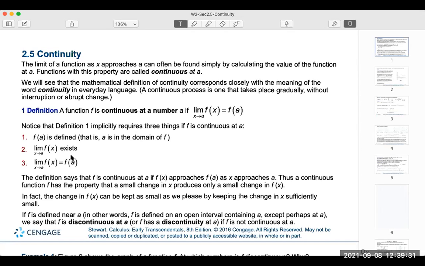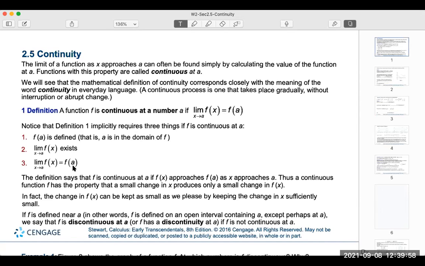It means that the left-hand limit and the right-hand limit will be the same. And the limit when x approaches A of f(x) will be exactly the evaluation of the function at the point A.